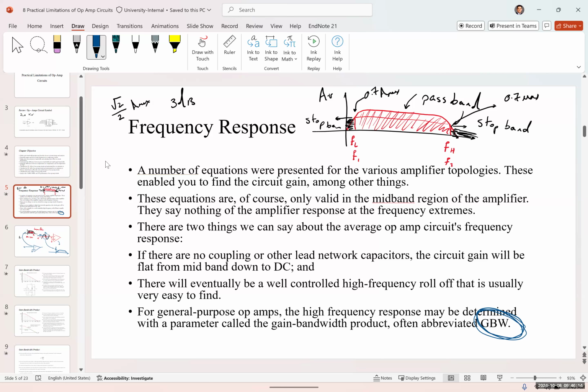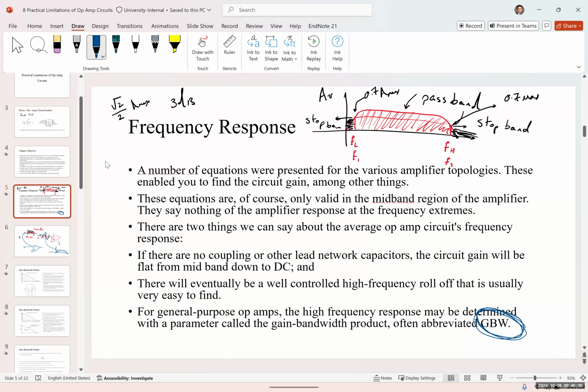So lower cutoff frequency is up to us and how we design the system, which capacitor we use, if any. But the upper cutoff frequency is a limitation of an op-amp as well. And we don't have any control of that unless we pick a different op-amp.